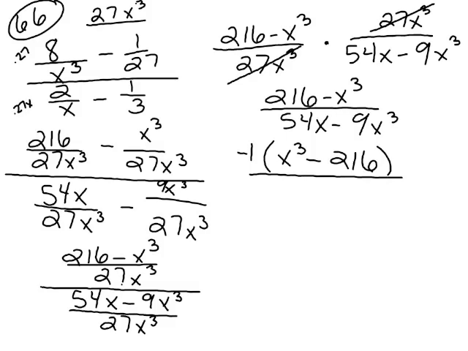I want to pull out a 9x on bottom. Let's make that a negative 9x on bottom. So I'll have x squared minus 6. Is that what we want to do? Okay, let's try it.